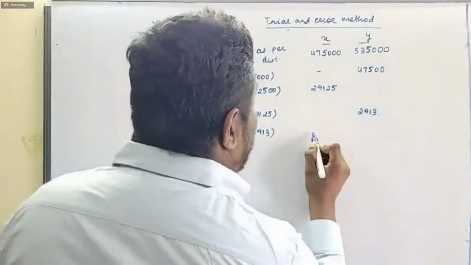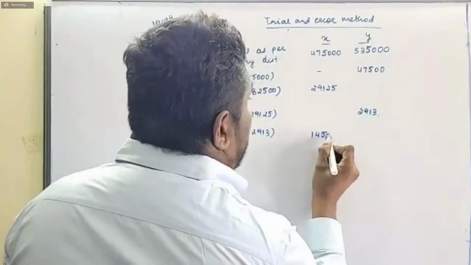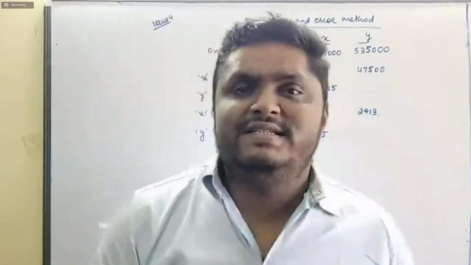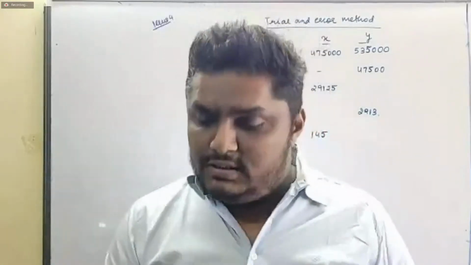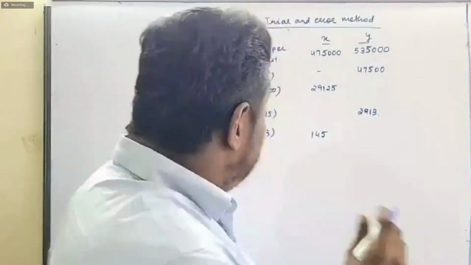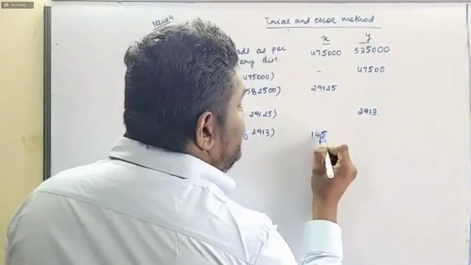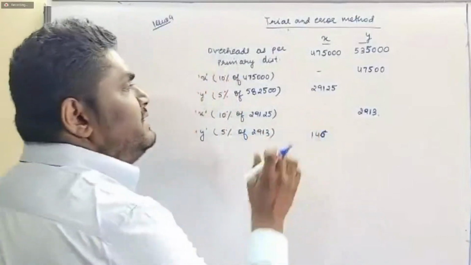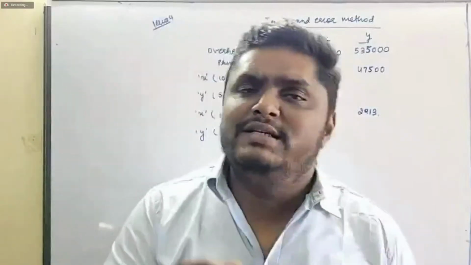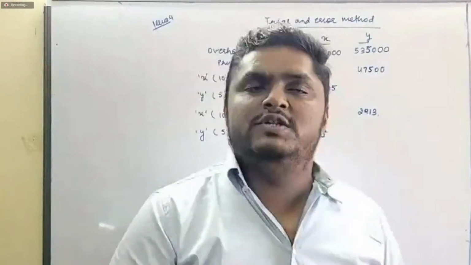So this will be 145. So once the figure reaches 3 digits, better stop this. This will be 146. So once the figure reaches a small 3 digit or 2 digit, we have to stop this process.